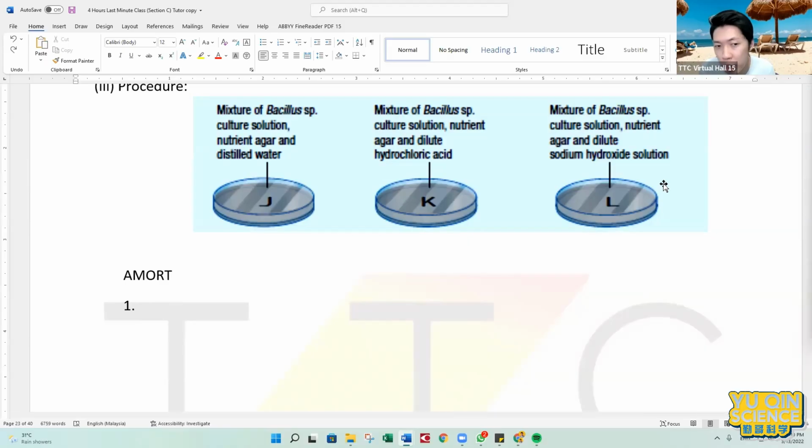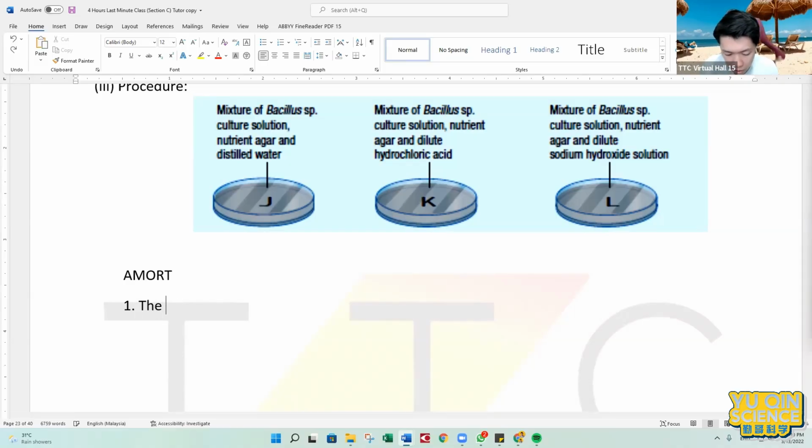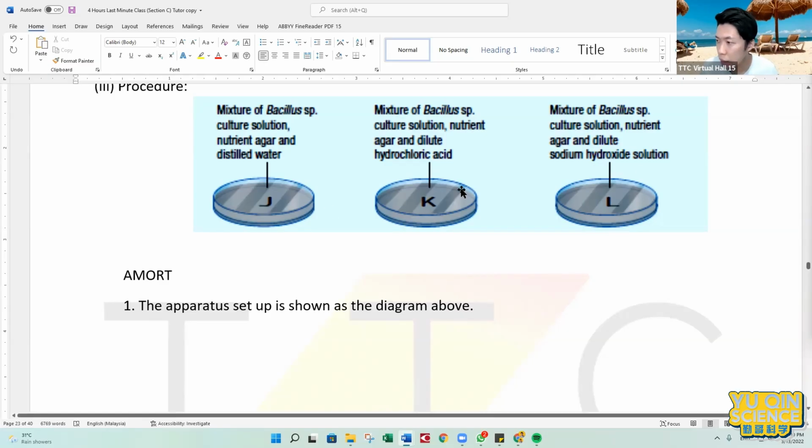Try and write. No need for very complicated, make it as simple and straightforward as possible. The first one is always fixed: the apparatus is set up as shown in the diagram above. Boom. This is standard.